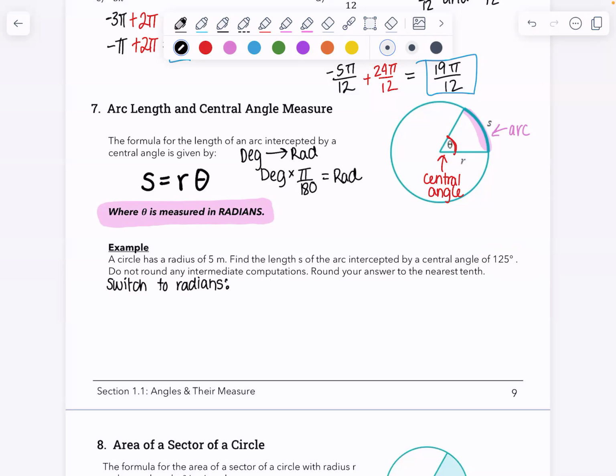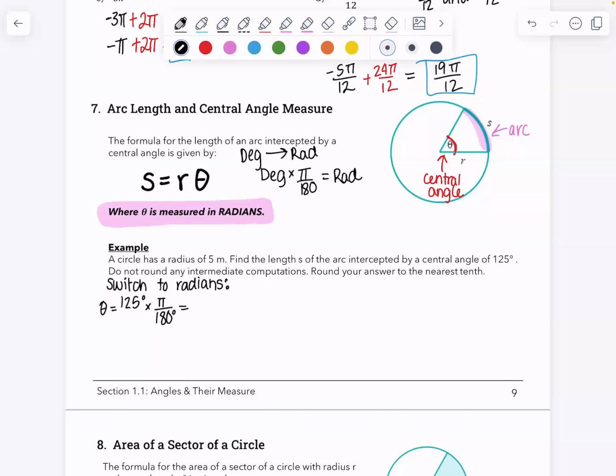If you're in radians to begin with, then you do not need to do this. So 125 degrees times pi over 180 degrees is what theta is. You can put this into your calculator.